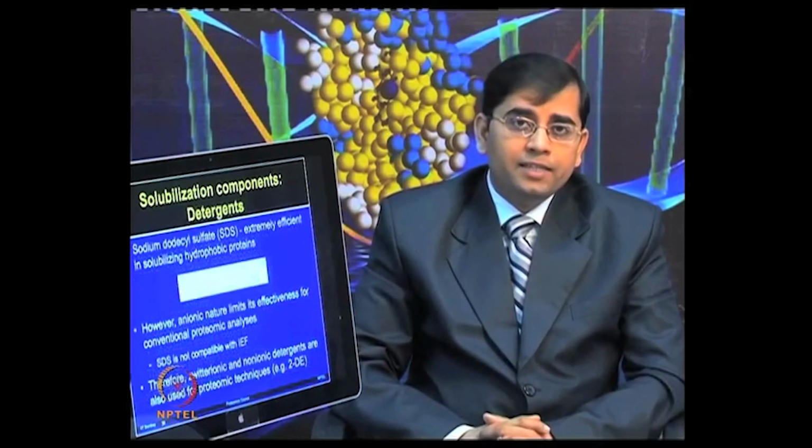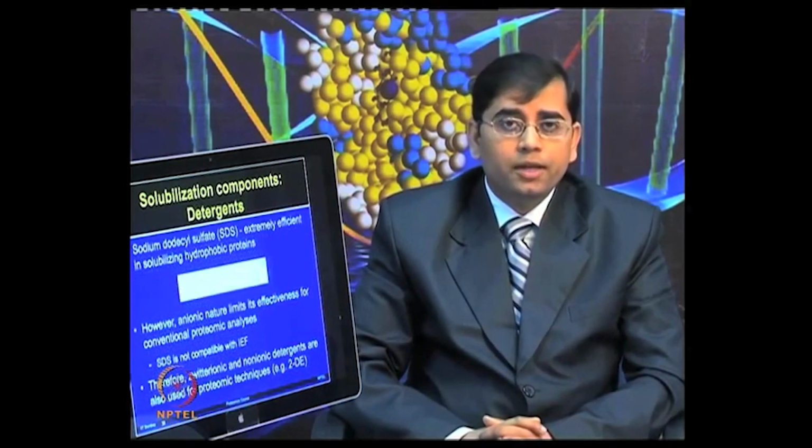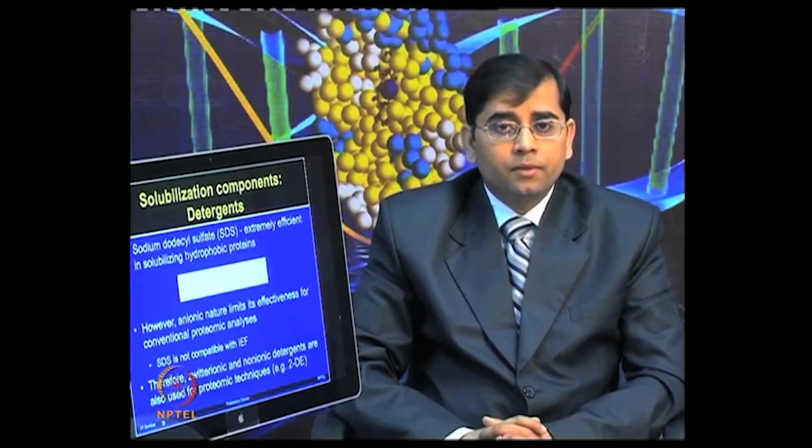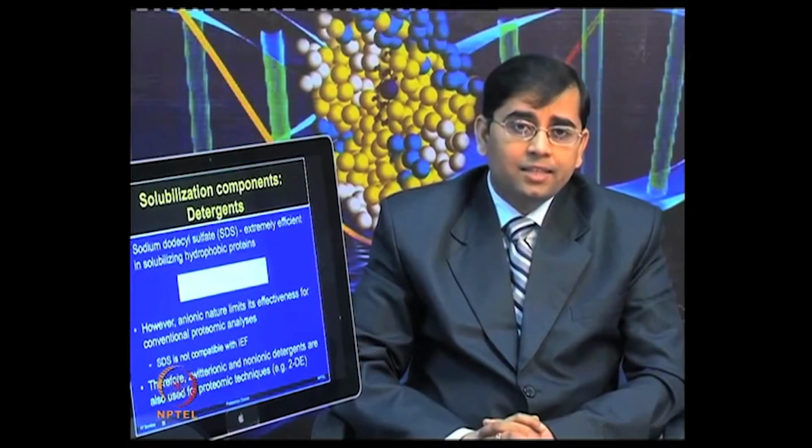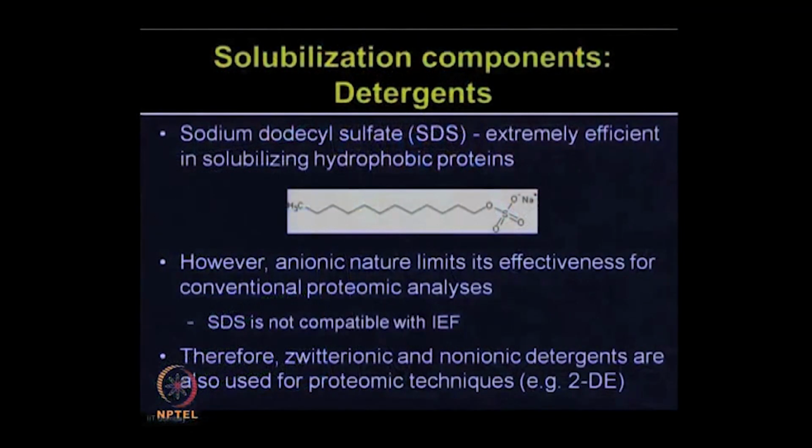The different types of detergents also used in solubilization include SDS or sodium dodecyl sulfate, which is very efficient at solubilizing hydrophobic proteins. If you want to solubilize hydrophobic proteins, SDS can be very effectively used, but due to its anionic nature, its effectiveness is limited for conventional proteomic analysis.